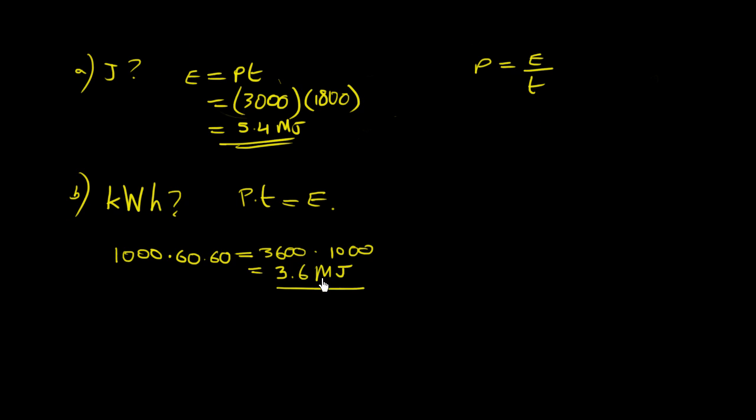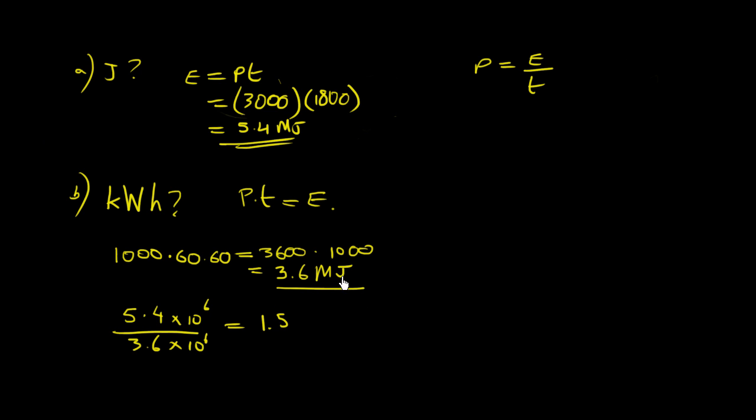And having done this conversion, we can basically now divide this by 3.6 megajoules and see what we get, and then we'll know straight away how many kilowatt hours we've used. So if we do that, 5.4 times 10 to the 6 joules divided by 3.6 times 10 to the 6, which should give us an answer of 1.5.